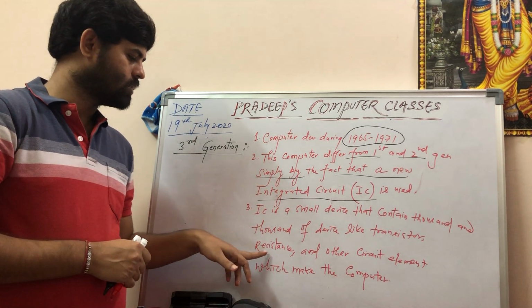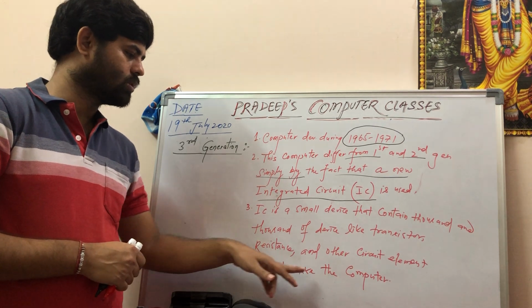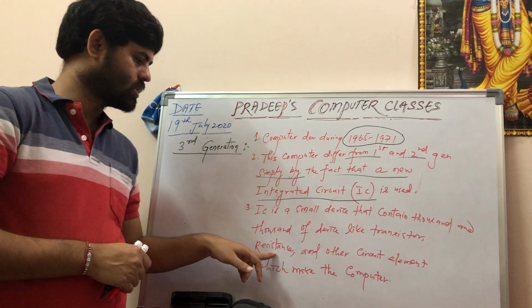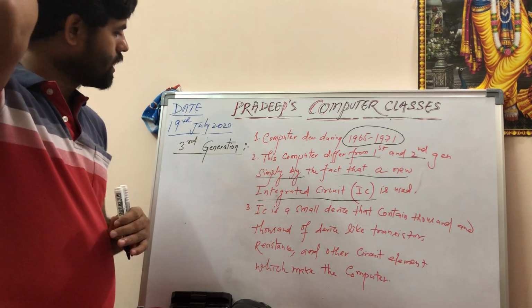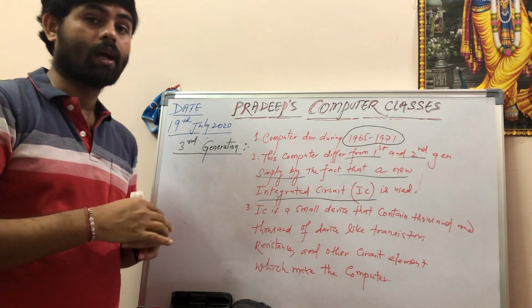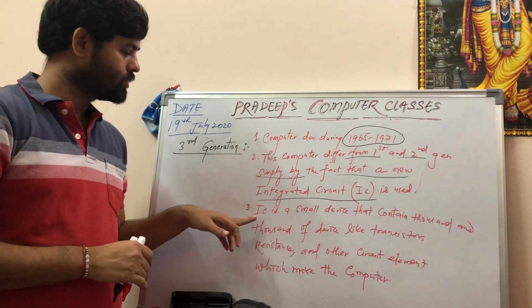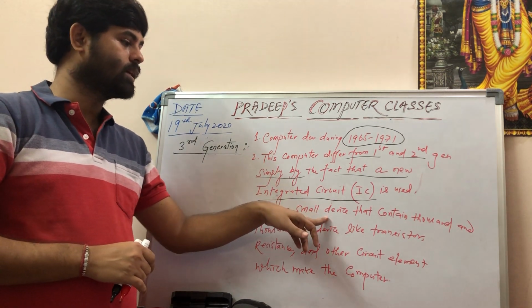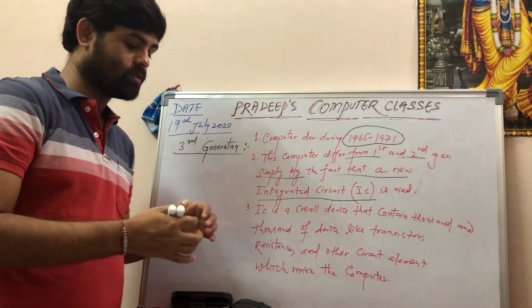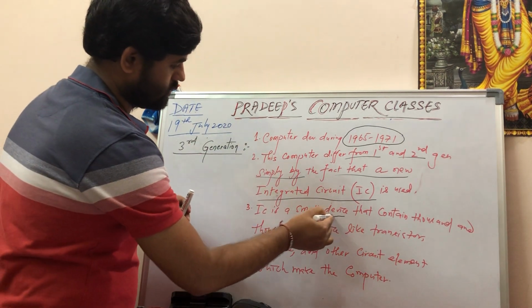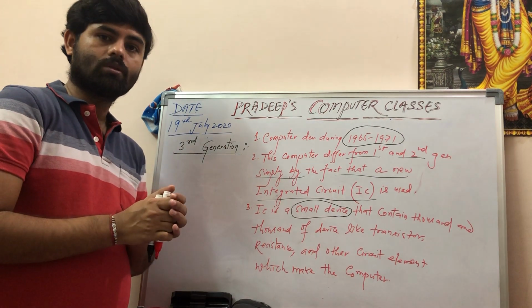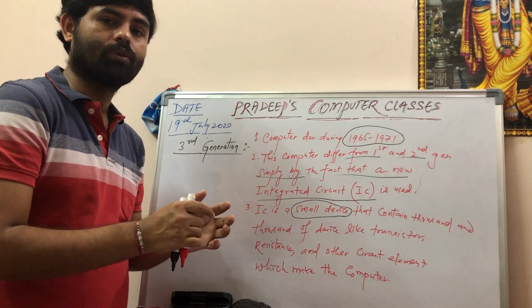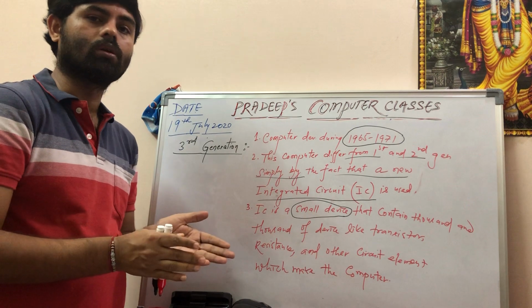See, you have studied about resistance, transistor, and other circuit devices in physics, electricity. So IC is a device, a very small device, that is the advantage basically. If the device is small, that means you can fit it in the computer and the computer will be small.